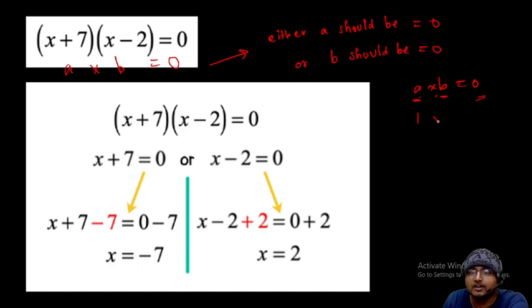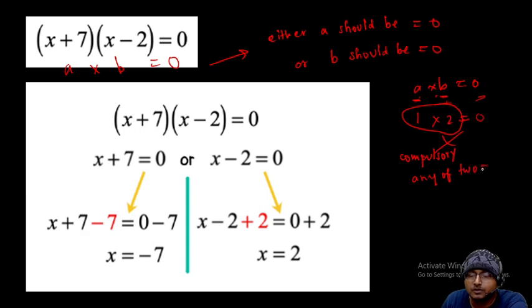Else if a equal to 1 and b is 2, will it become 0? This is wrong, right? If a is not equal to 0, then compulsorily b must be 0. So any one of the two must be equal to 0. So either x plus 7 is equals to 0 or x minus 2 equal to 0.